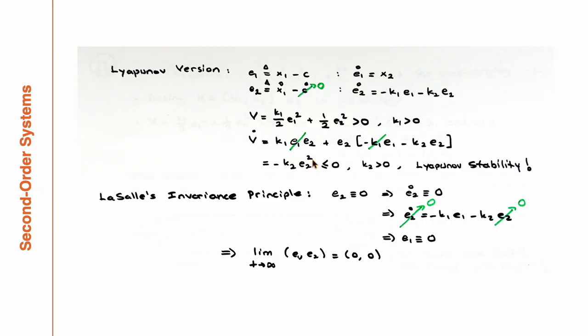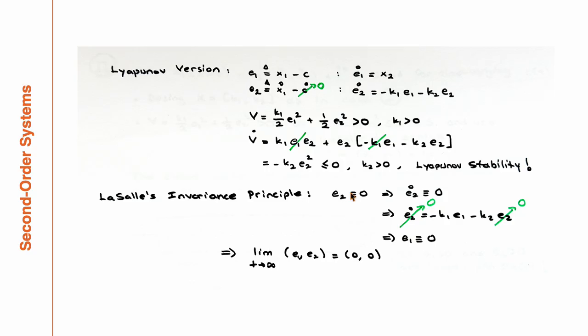You just have e2 to the power of 2, assuming k2 is positive definite. And here we just show Lyapunov stability, meaning e1 and e2 are bounded, but that's not really what we want. We want e1 to go to 0 and e2, our velocity error, to vanish as well, right? Your velocity will vanish because e2 was x2.